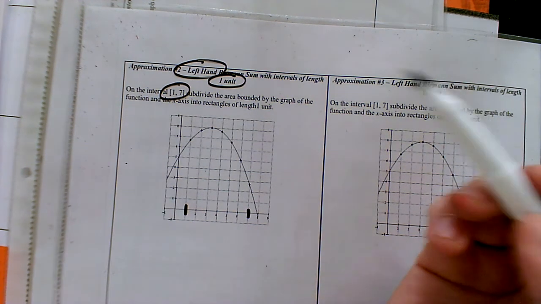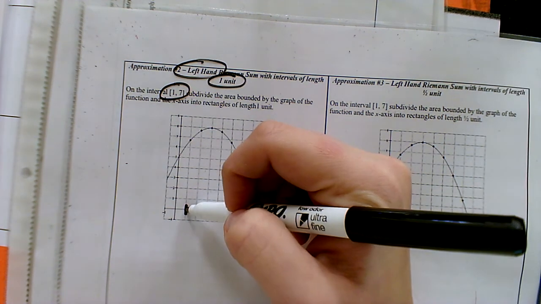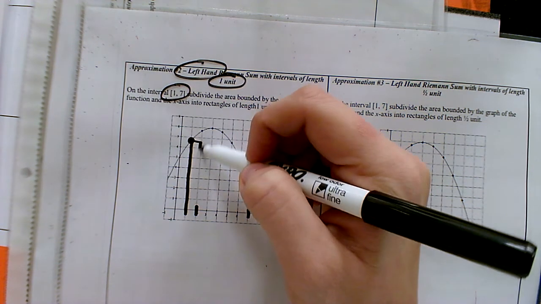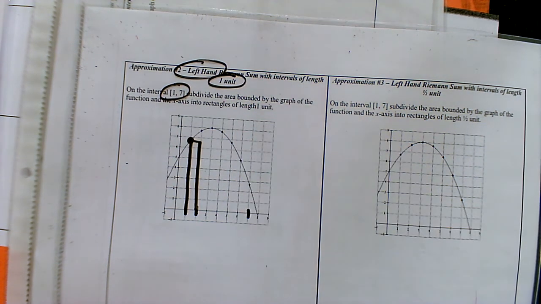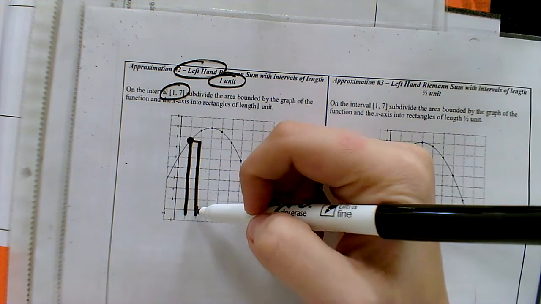If we want to have a 1 unit width, we're going to have to go from 1 to 2. The left-handed side is the side of 1. So I'm going to trace up that side, make my dot, go to the right, and then back down. Okay, repeat the process until you end at 7.